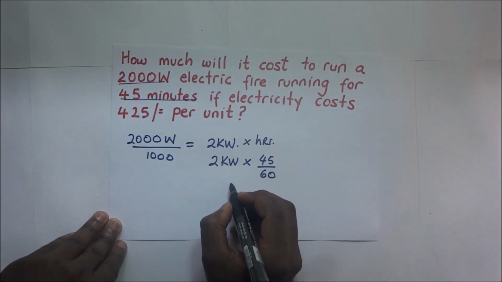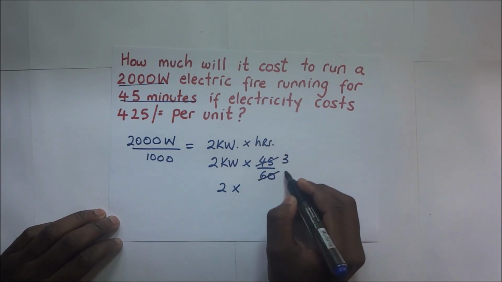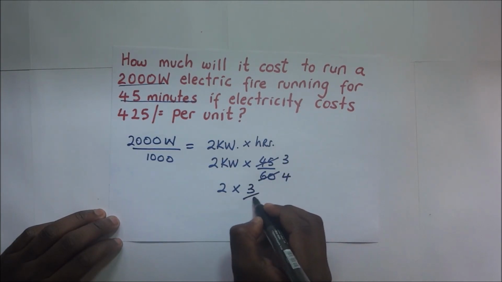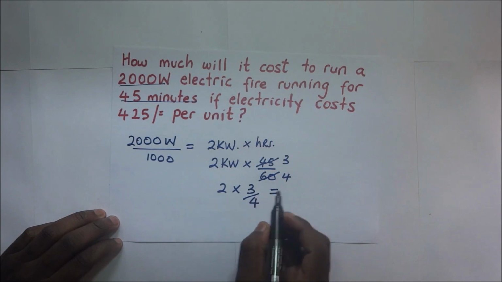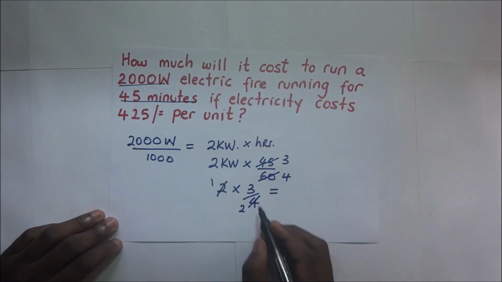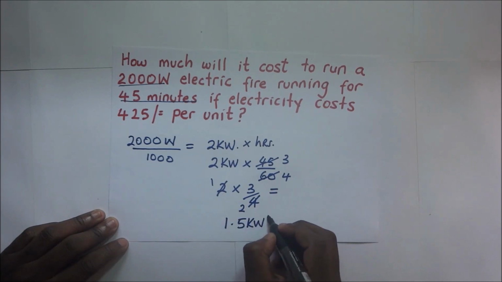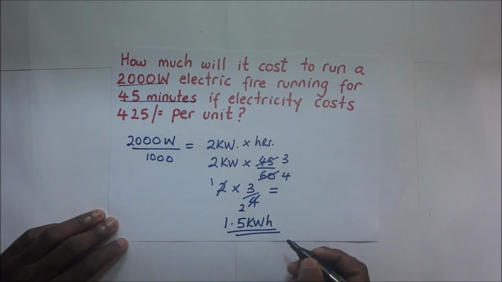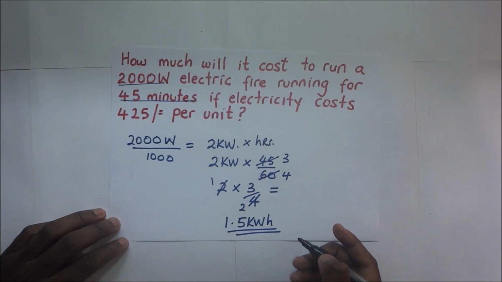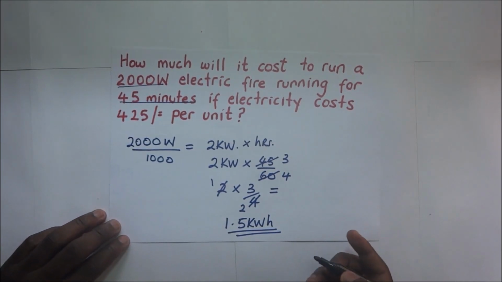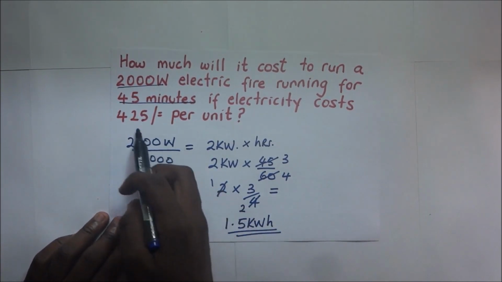By 15 it is 3, by 15 it is 4, so it's times 3 over 4. This gives us, by 2, 1.5 kilowatt hours.